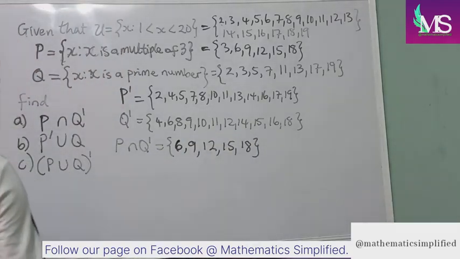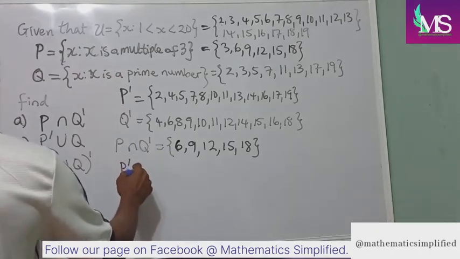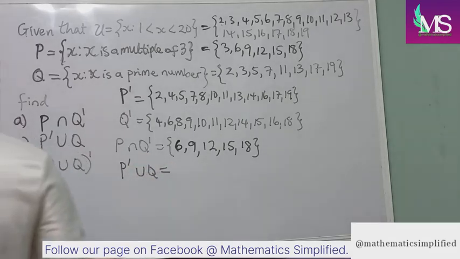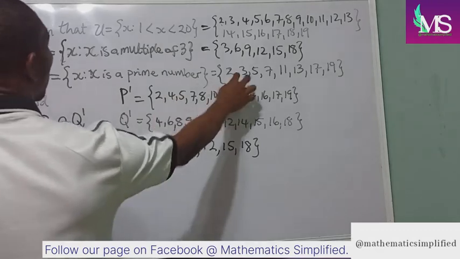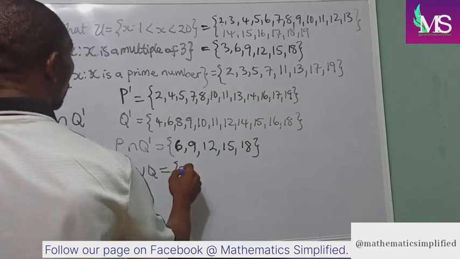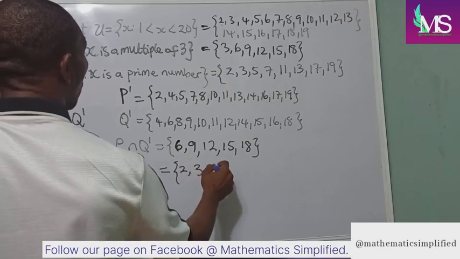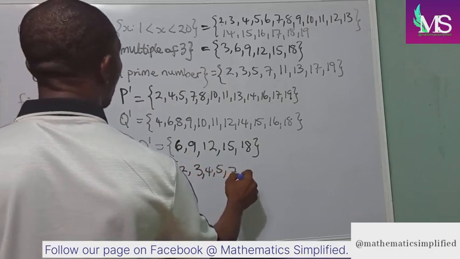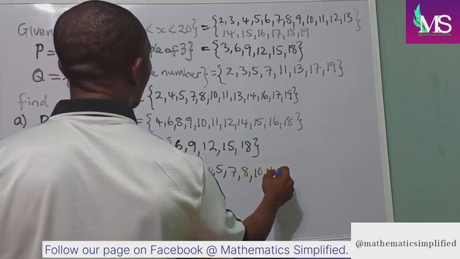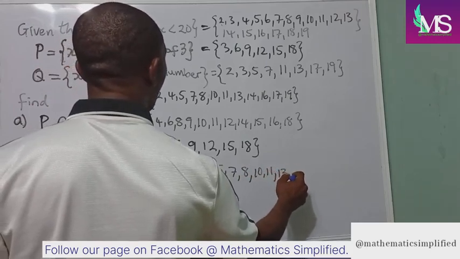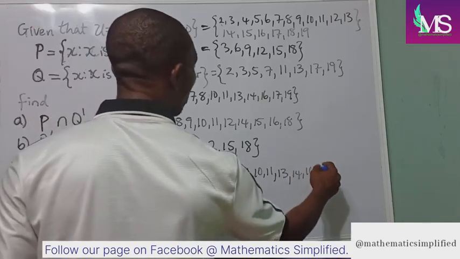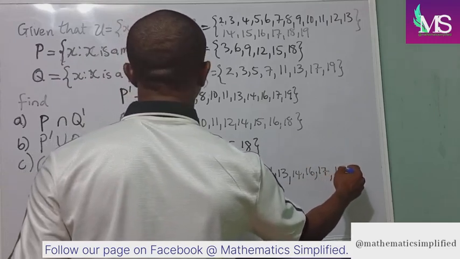Now, we look at our B part, P prime union Q. P prime is this, union Q is this. So if we look at that, we are looking at 2, 3, 4, 5, 7, 8, 10, 11, 13, 14, 16, 17, and 19.